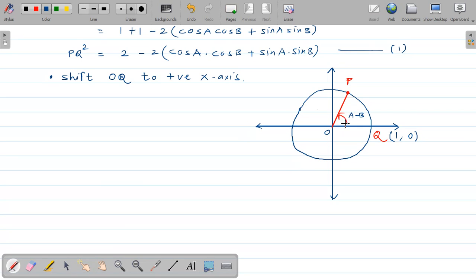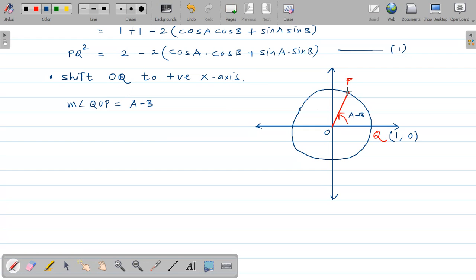Now if you observe this figure, the measure of angle QOP is nothing but A minus B with respect to the previous figure, but we have just shifted OQ to the positive x-axis.